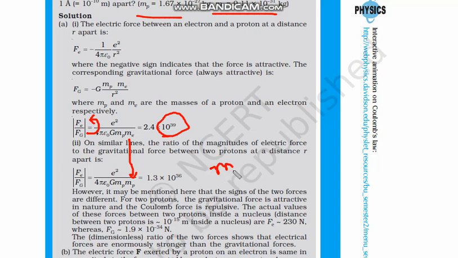The mass of proton is nearly 1836 times higher than the mass of electron.